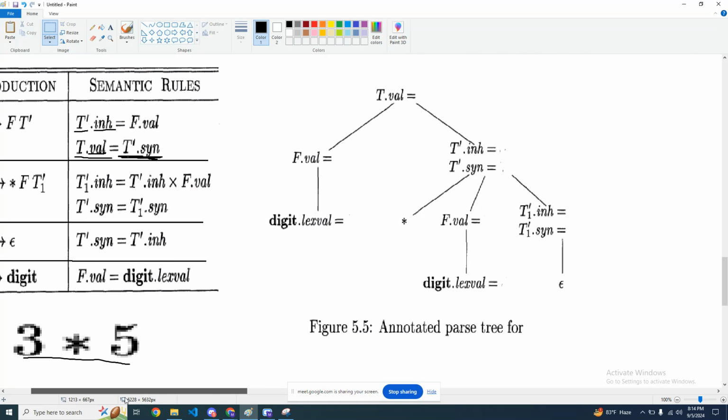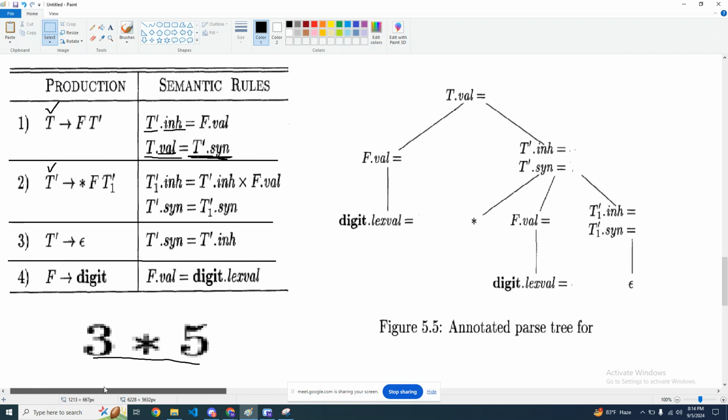So now that we have this, we're going to simply construct or evaluate, right? For the dependency graph, we need to make these lines dotted, right? We need to dash these lines. I'm not doing it fully, I'm just going to calculate the value. So first of all, we're going to get 3 from digit dot lex value, and I'm writing this value here.